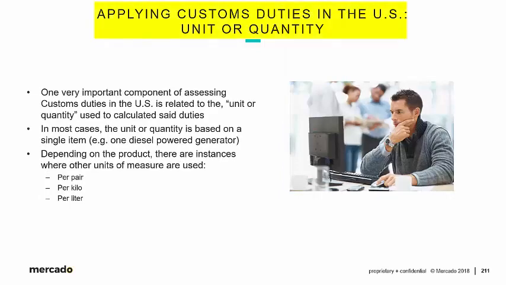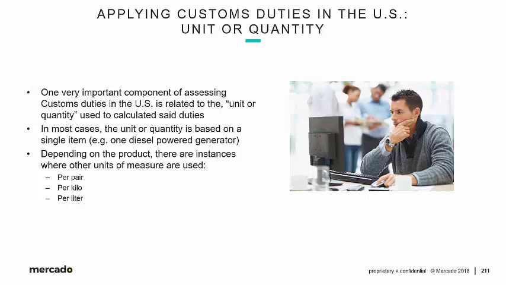New title to our slide, Applying Customs Duties in the U.S., Unit or Quantity. We saw this in previous examples. Going all the way back to the importation of horses, it was per horse. We also saw, in the case of our blue jeans, it was by dozen. That's what we mean by unit or quantity. First bullet. One very important component of assessing customs duties in the U.S. is related to the unit or quantity used to calculate said duties.